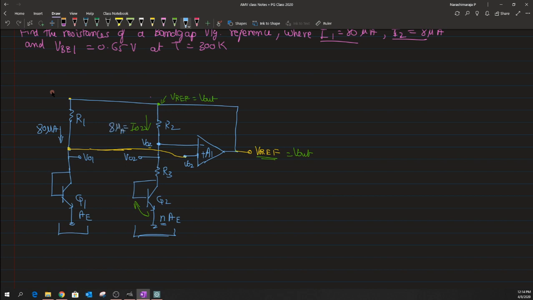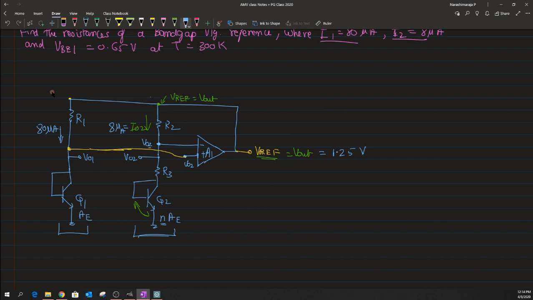Now we need to find all these values of R1, R2 and R3 out of this particular circuit. And we also know that our V reference is basically equal to 1.25 volt.